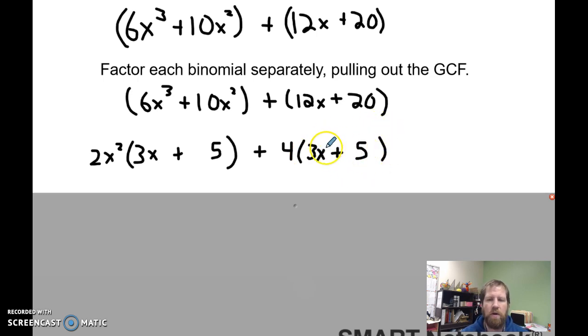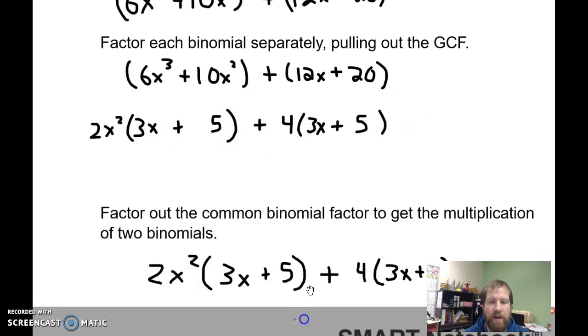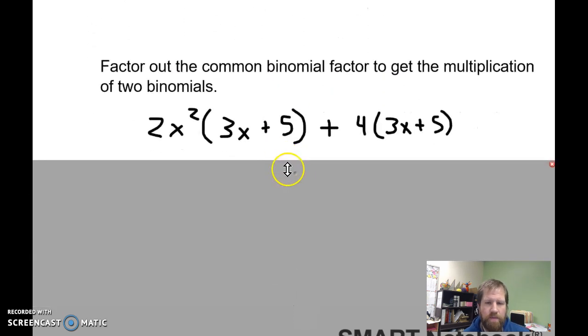And you can see now we're at this point where we were in our last video, where we have our binomial that's the same, and now we can pull it out. Now we can factor out that common binomial.